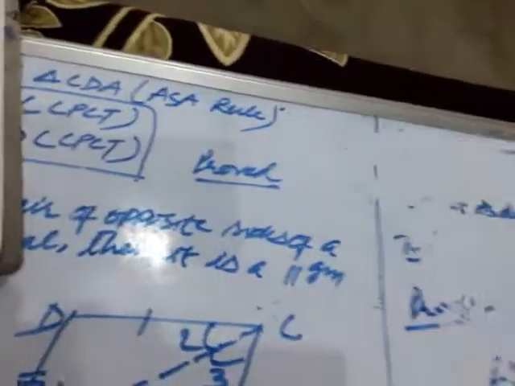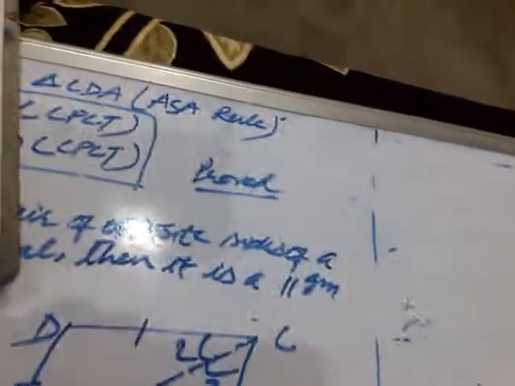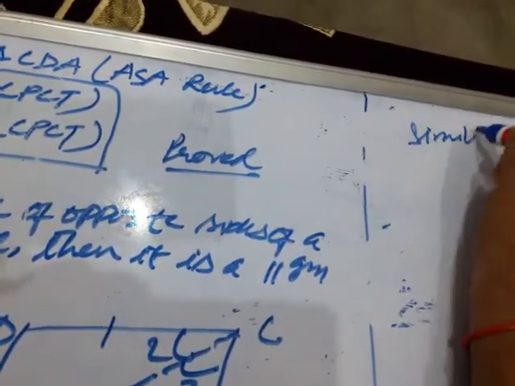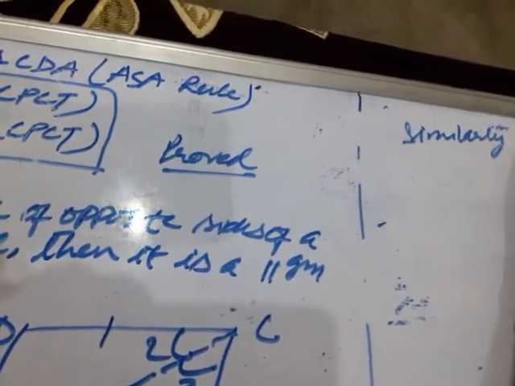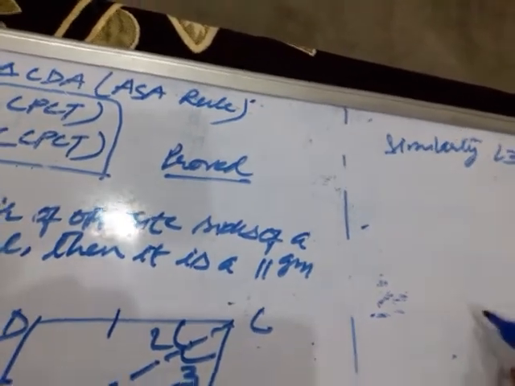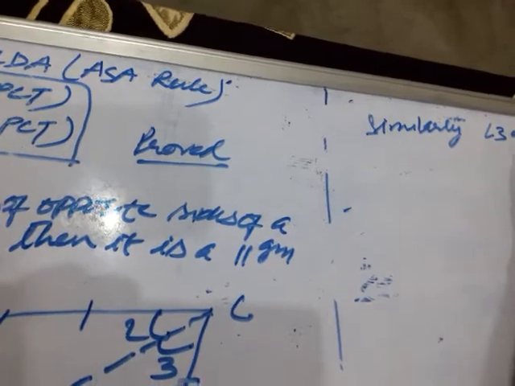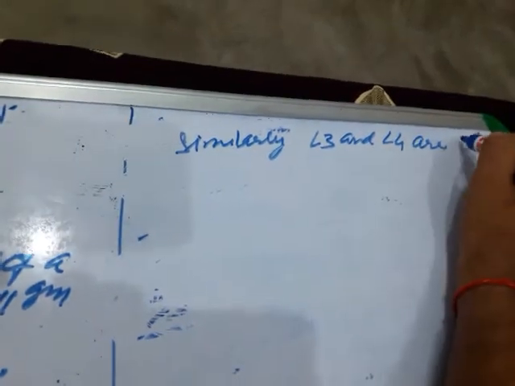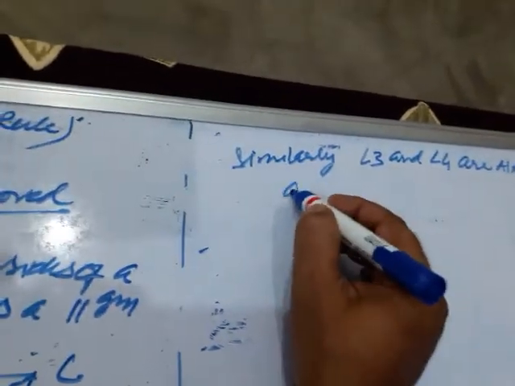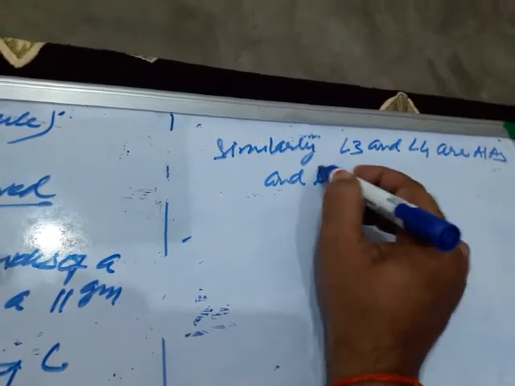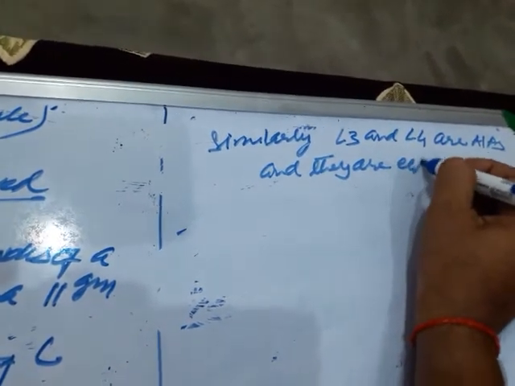Similarly, angle 3 equals angle 4. Angle 3 and angle 4 are alternate interior angles, and they are equal also.